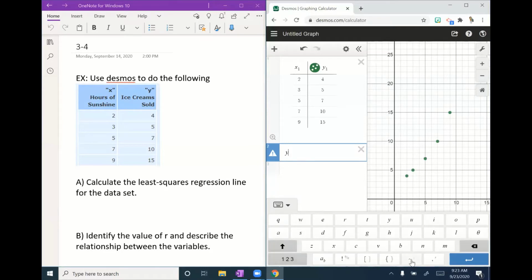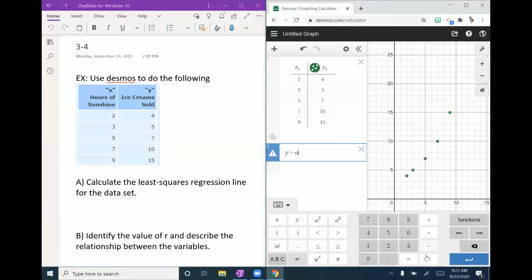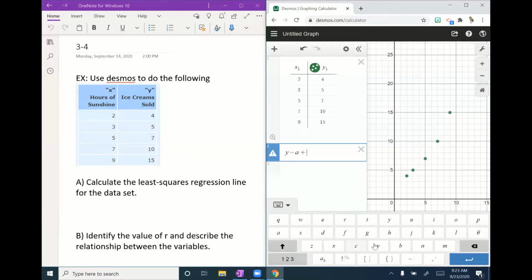So Y tilde, and then it's A plus BX to get our linear regression.